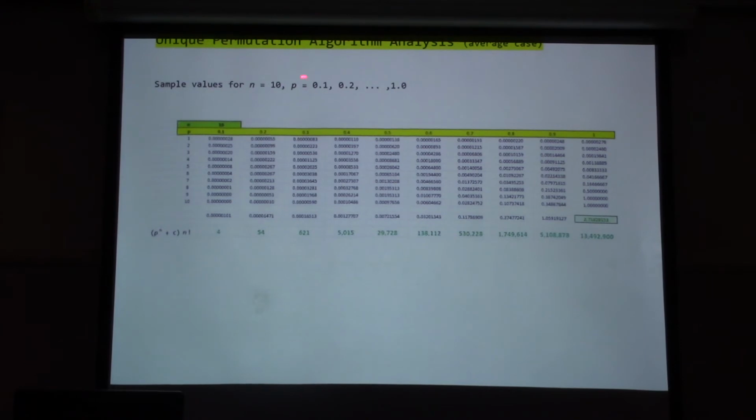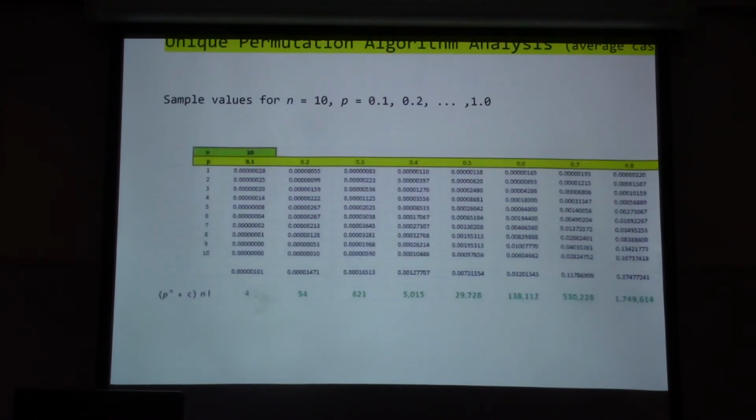I'm looking at the probability p as 0.1, 0.2, all the way to 1.0, so you see the p's are increasing here. And because I have 10 terms, this is the computation of the constant C. Some interesting results come out.